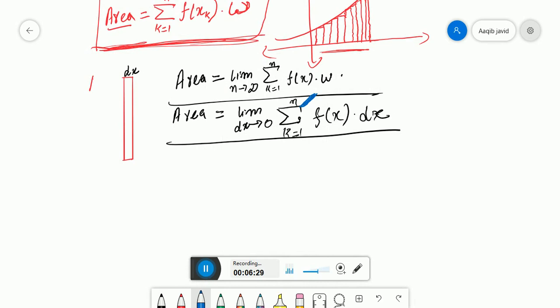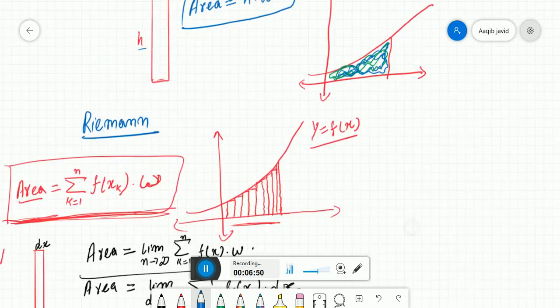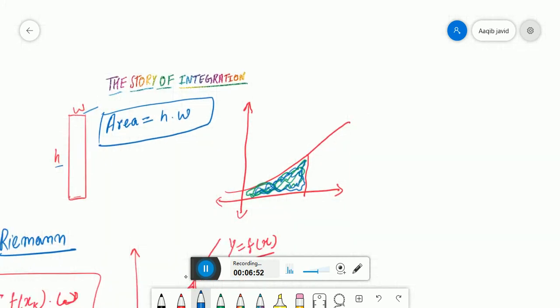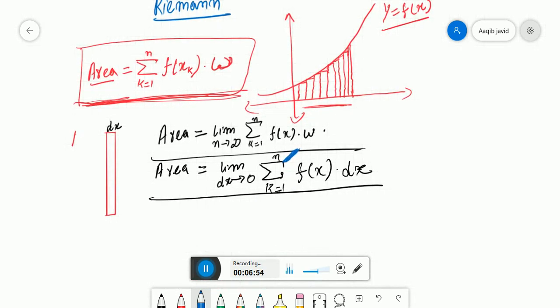This thing, the sigma or the summation, sums up the integer values, but here we are going to an infinitesimally small value of dx, which is tending to zero. Or we can say the series right here will be infinitely long.